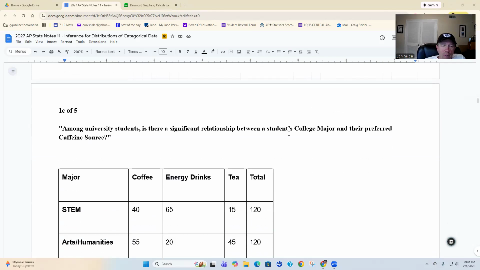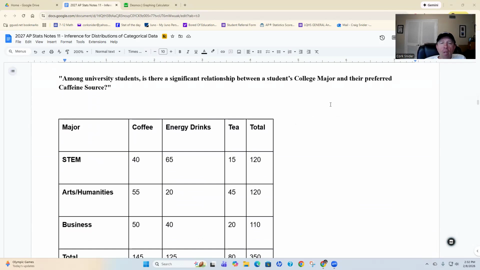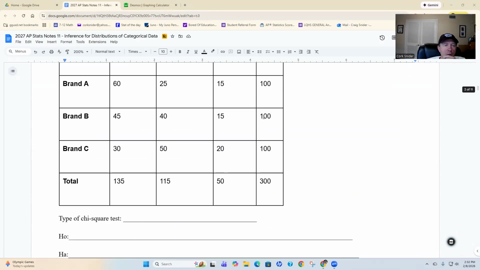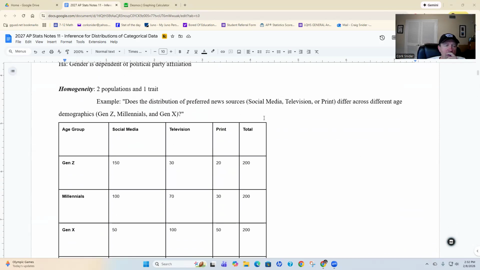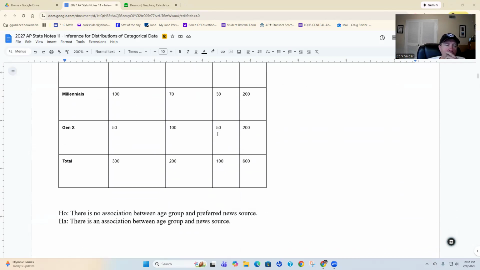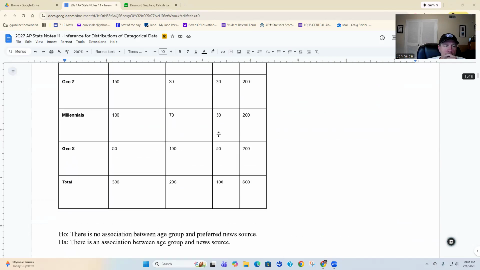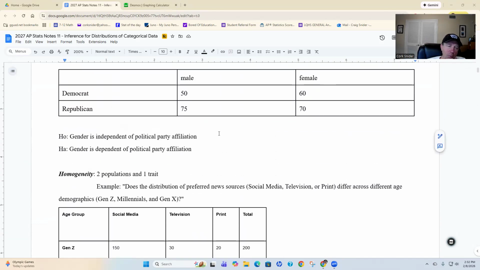Okay, so that's so simple how you do it. So you can learn this all in one day. So among university students, these are all the same kind of people, all university students. Because it's all university students, I'm thinking homogeneity here. Sorry, I'm thinking, geez, what's wrong with me?